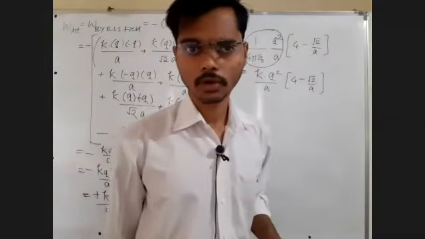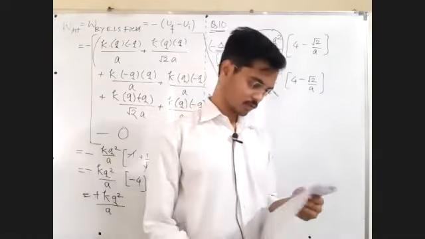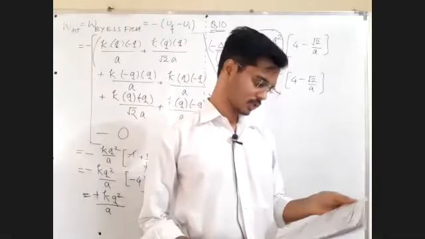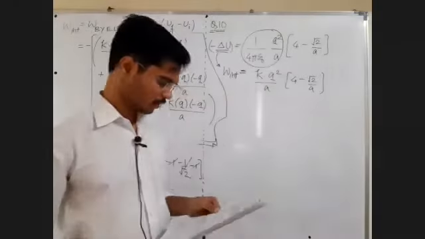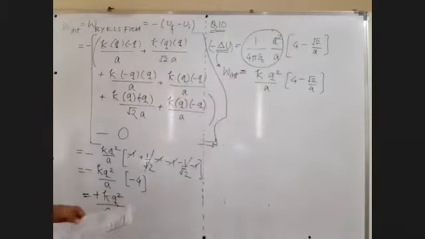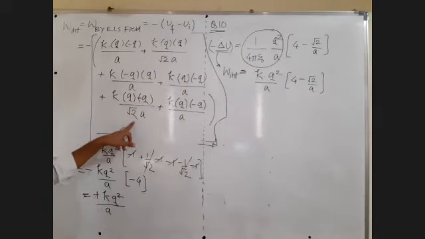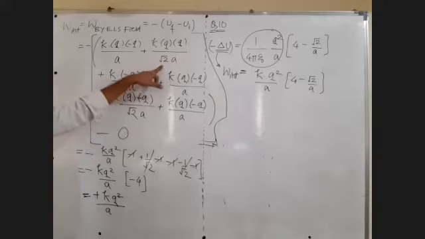1 by root 2 is not going to cancel. Okay, Prasad is saying 1 by root 2 is not going to cancel. Fine. Okay, you guys tell me whether I have done it right or wrong. Minus, plus, it's going to get cancelled.